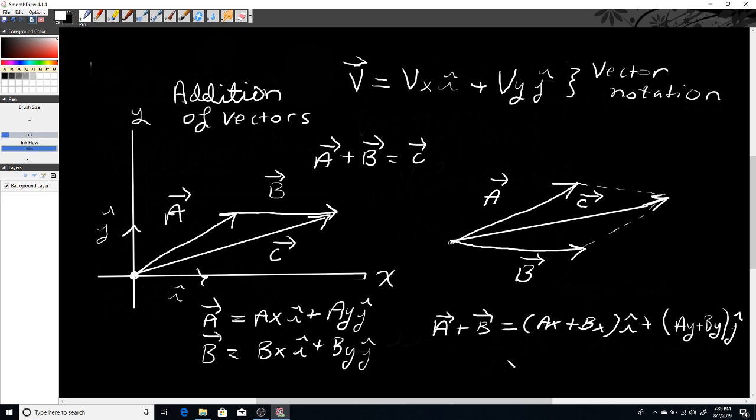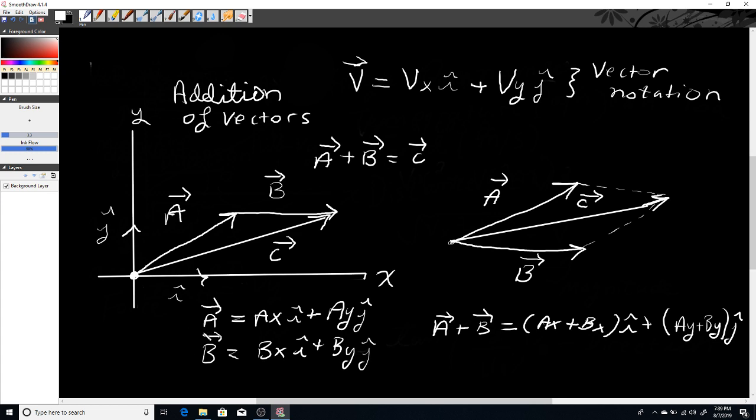Right? So in order to properly add all the vectors together, we have to add all the x components of the vectors together, and all the y components, because all the x's are x's. So when we're adding the vectors up, the x components and the y components are treated separately, as always.